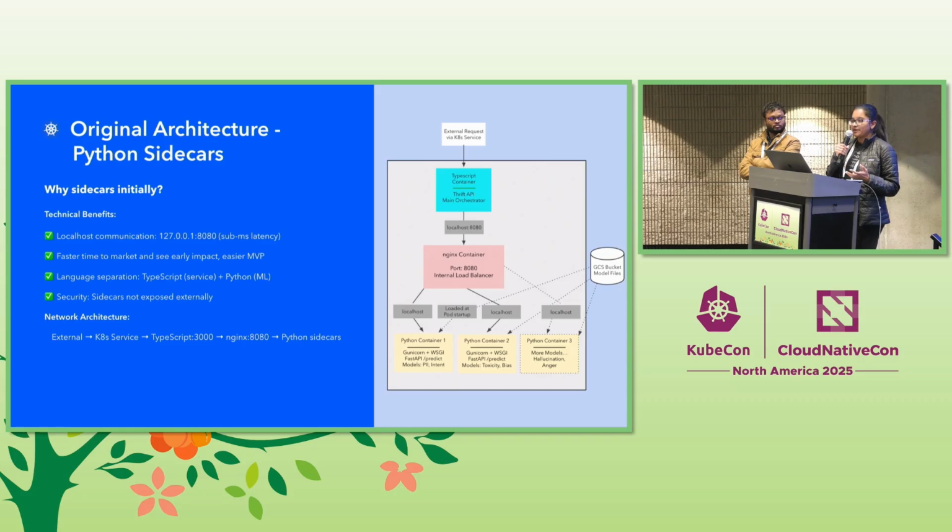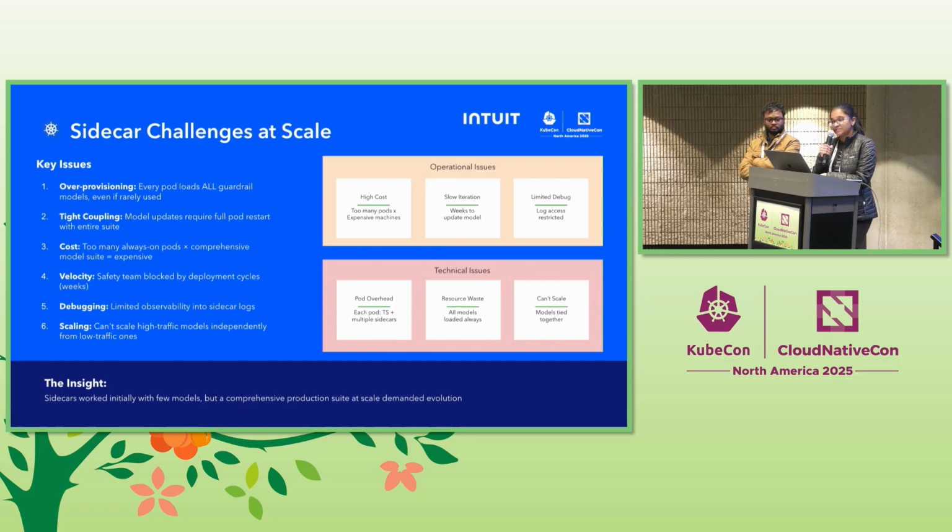And now what happened from here? Did we solve all the problems we had at that point is what I want to walk you through. So once we had launched a couple of use cases, we quickly saw that there is a need of more guardrails to be put in, and every use case would have different guardrail needs, different traffic needs, and soon when we go to scale from here, we ended up with a lot of challenges by using sidecars.